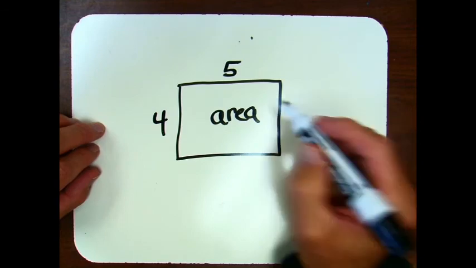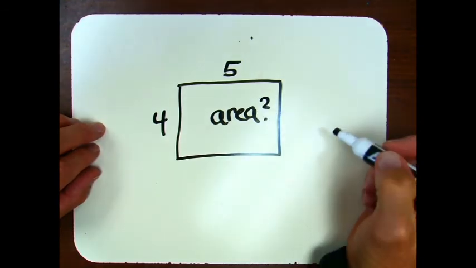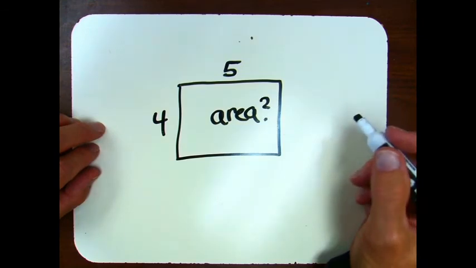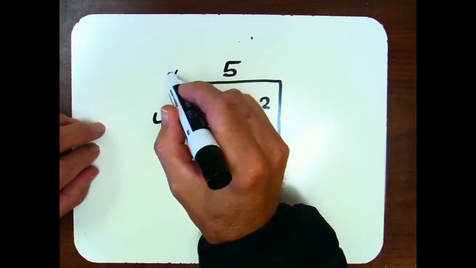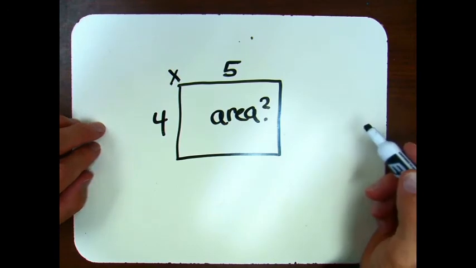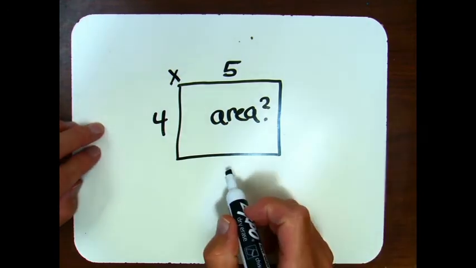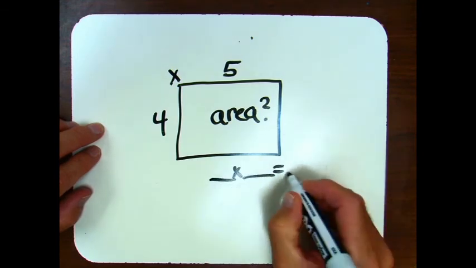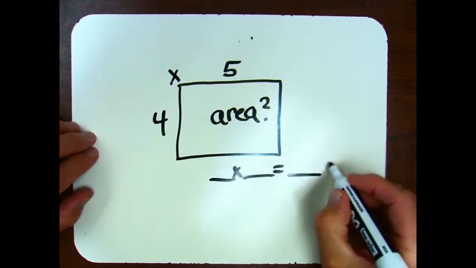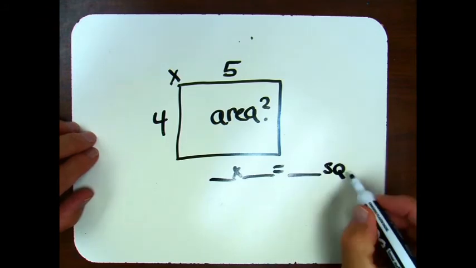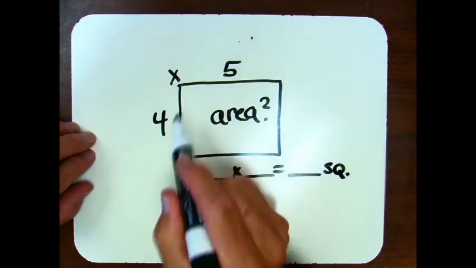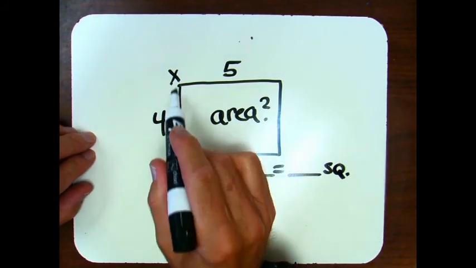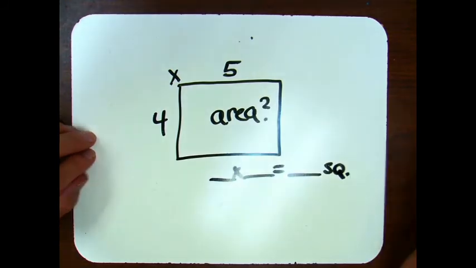What would the area be if we have 4 rows and 5 columns using our operation? In this case, we're going to be using multiplication. Can you write an equation showing me what our product might be here? How many squares would I have inside this area if I had 4 rows and 5 columns?